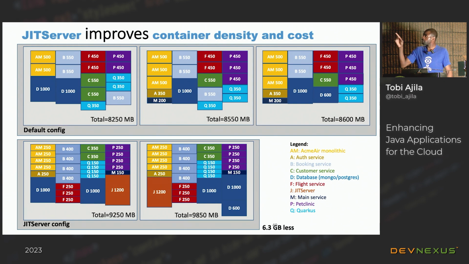Overall, the total memory usage between the first configuration and the second one is about 6 gigs less, so it's a 30% improvement. And the peak throughput between both configurations is identical. It's a good example to show the benefit of JIT server and how this can bring real savings from a cloud cost perspective.